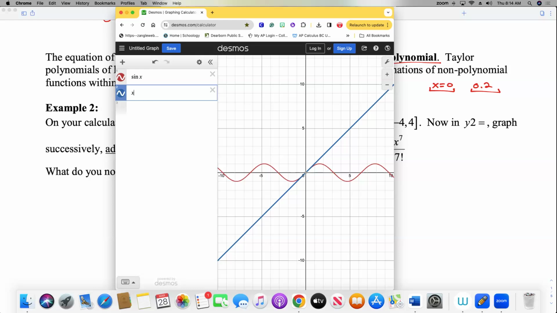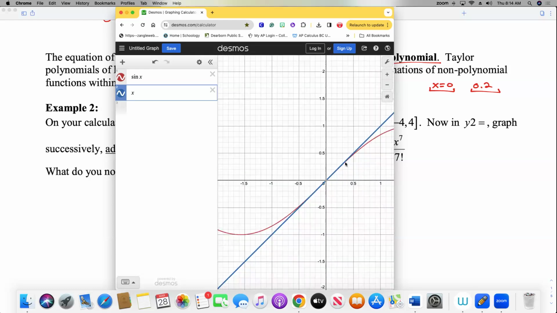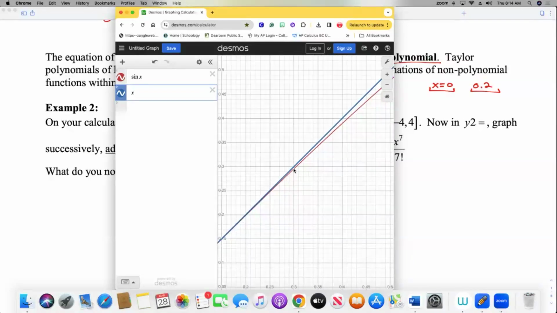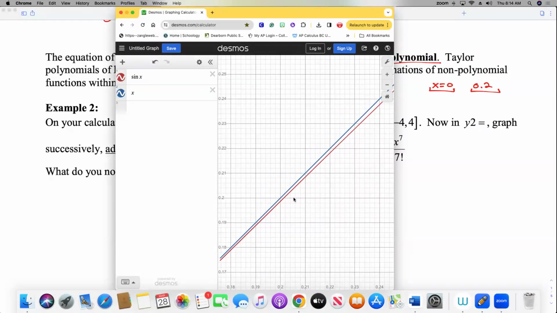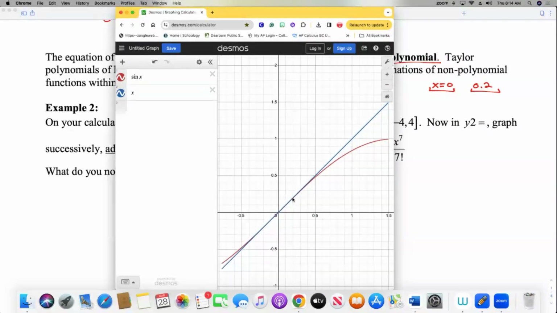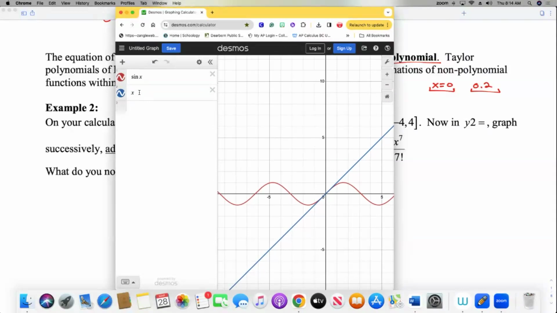At 0.2, the blue line and the red line are close, right? But if I zoom in at that point, 0.2, you can see that it's a little bit off. It is not a very good approximation. The two lines are distinct.